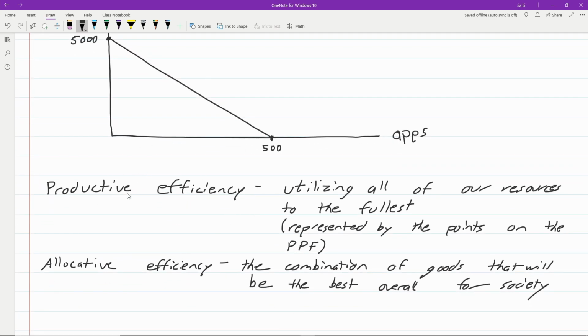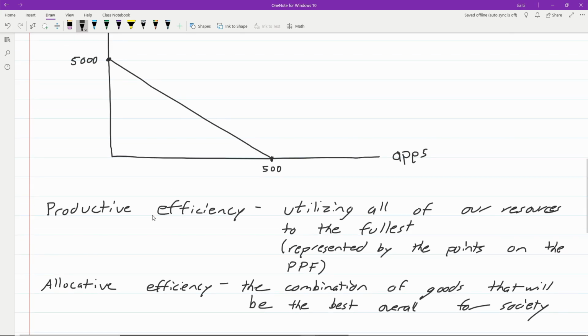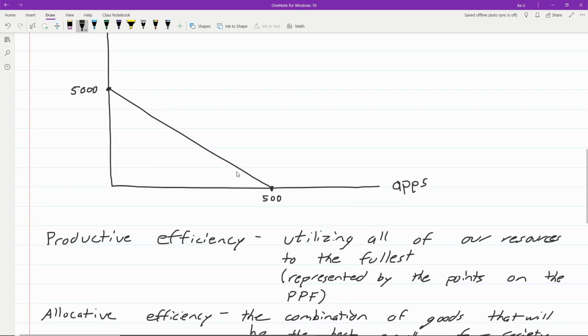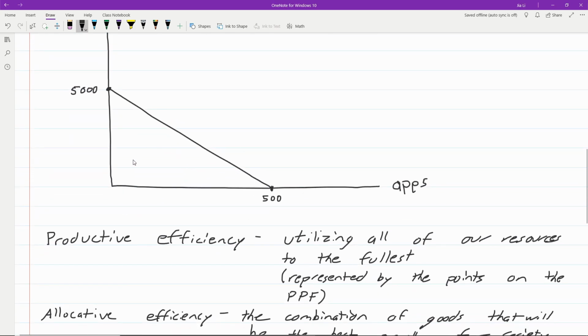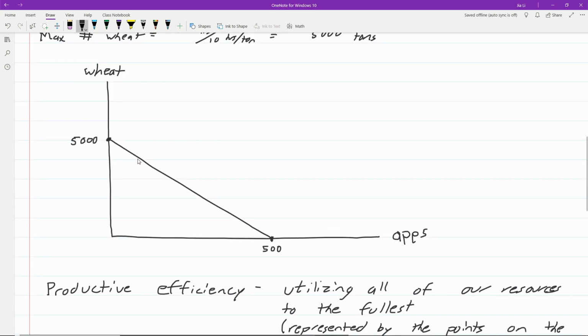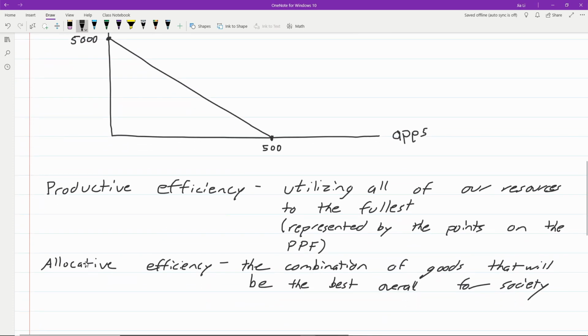Those are all considered to be productively efficient, but what it means to be allocatively efficient means choosing the one hypothetical, theoretical combination of wheat and apps that will be overall the best for society. So hypothetically, there should be one combination somewhere on this line that provides the most value or happiness or utility to society overall. And that would be what is considered allocatively efficient.